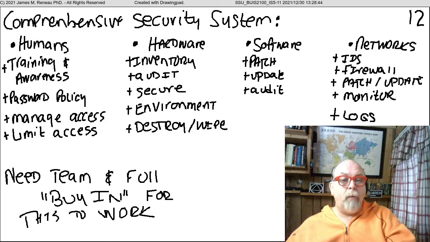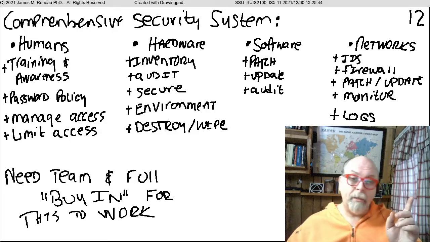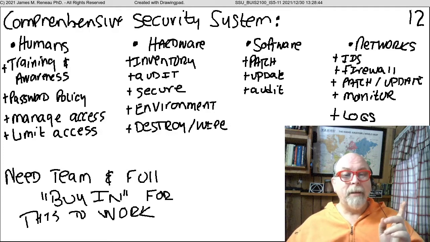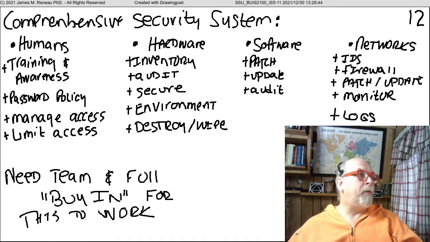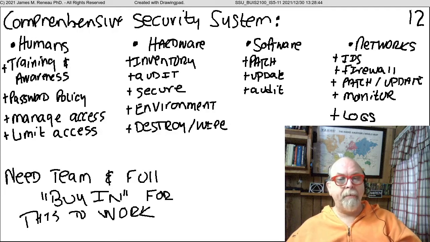And then when we get rid of hardware, we don't just put it in the dumpster, because we've got dumpster divers, don't we? So before that hardware leaves our control, it needs to be securely destroyed or wiped. I know at the university, before they sell a computer that was on a faculty's desk or in a student laboratory, they remove the hard drive and literally crush it.